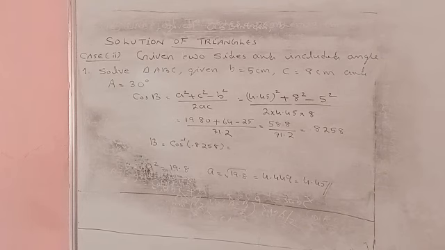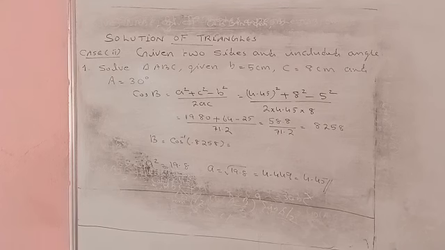The denominator, 2 into 4.45 into 8, is 71.2. The numerator after simplification becomes 58.8, divided by 71.2, and the answer is 0.8258. Then cos B is equal to 0.8258. Therefore, B is cos inverse 0.8258.